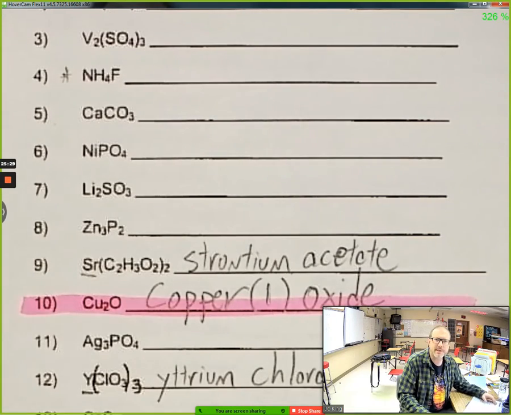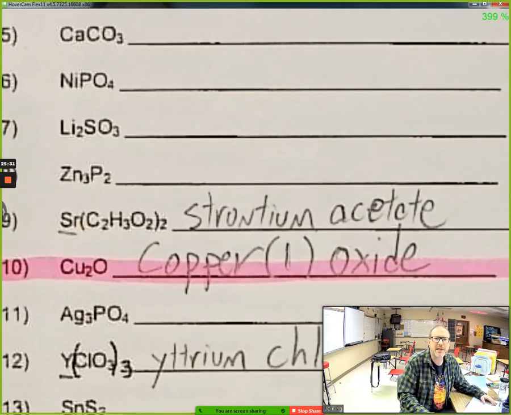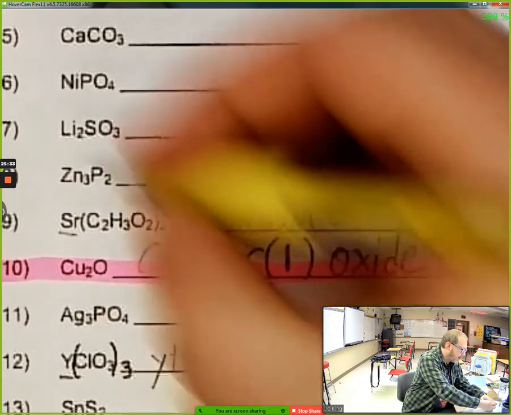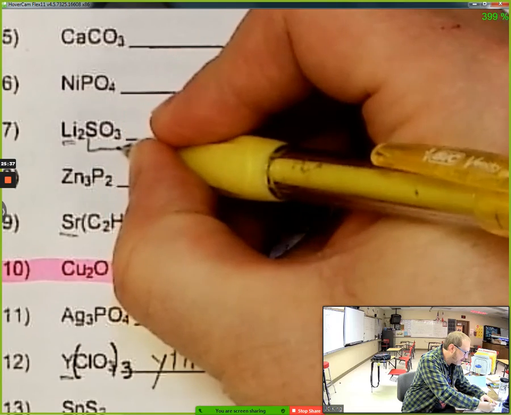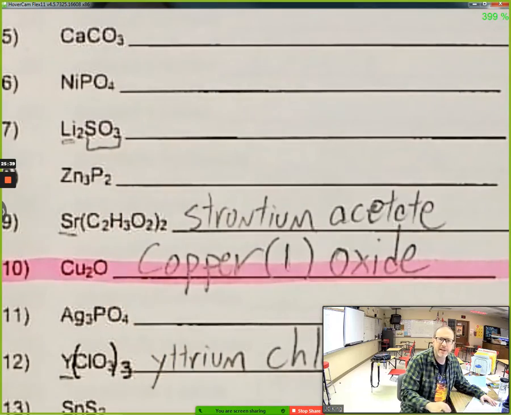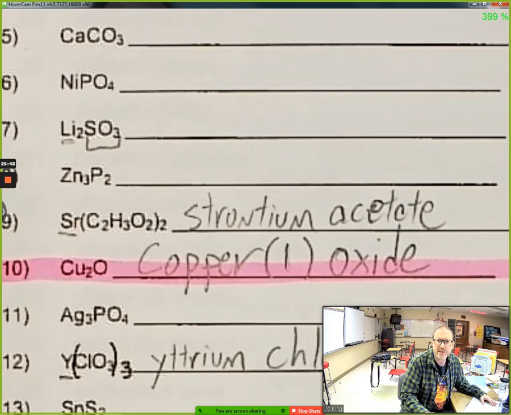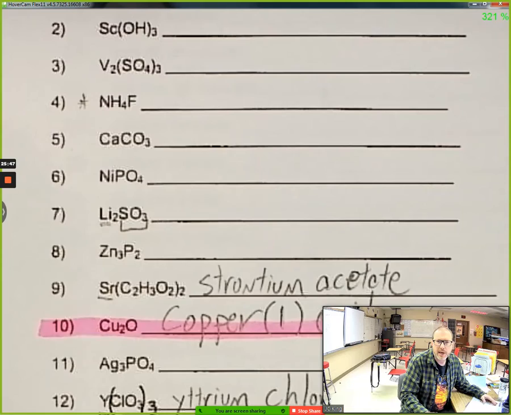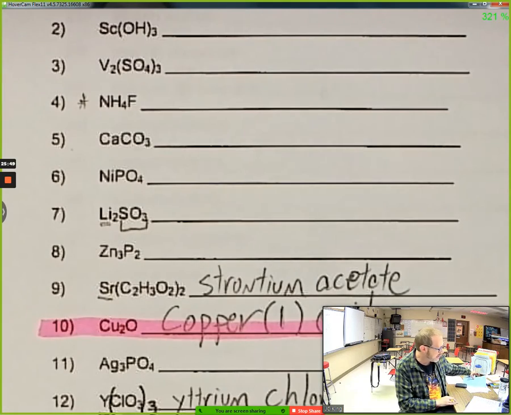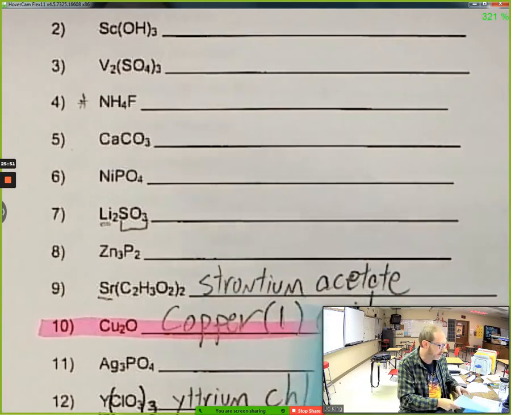Keeping in mind that it's always positive piece before negative piece. My positive piece is going to be lithium. My negative piece is going to be everything that's left over. Since it's not in parentheses, I know that that is just a single ion. So first of all, I'm going to check to see what lithium's charge is on my chart.